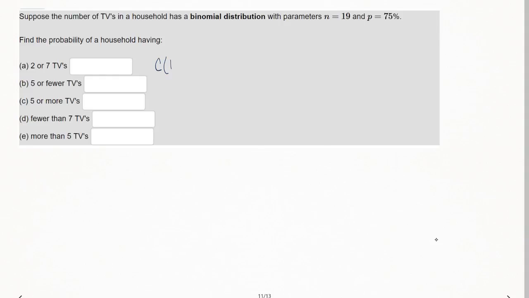So we have 19 to start with, 19 comma 2, and then having TVs is 75%, so we'll put 0.75 squared, and that means 0.25 will be raised to the 17th because 17 people won't have TVs.